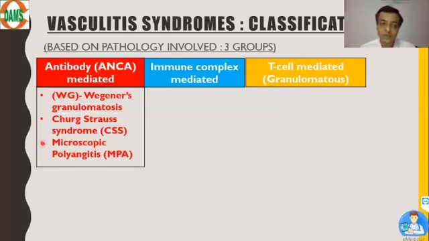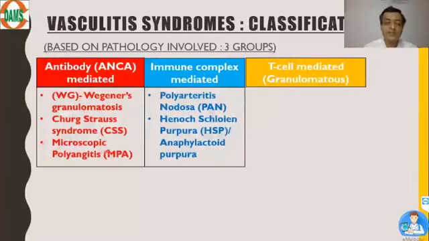Under immune complex mediated disease, we have 2 important syndromes to discuss. One syndrome is PAN, polyarteritis nodosa, and number 2 is HSP, Henoch-Schonlein purpura.